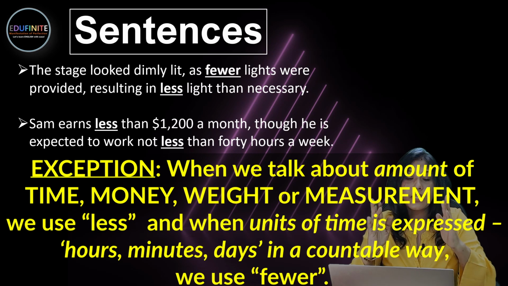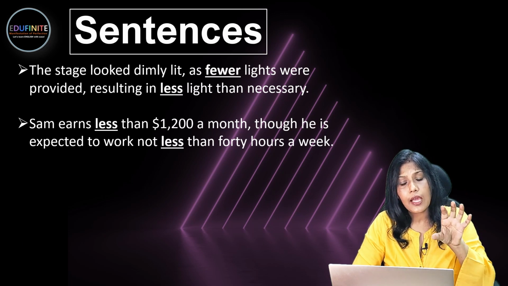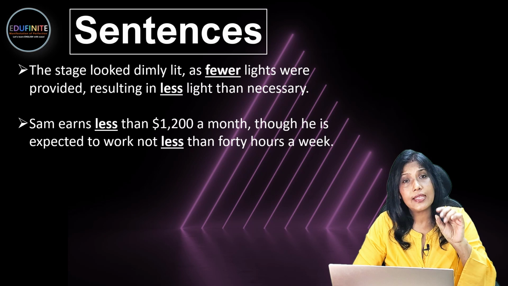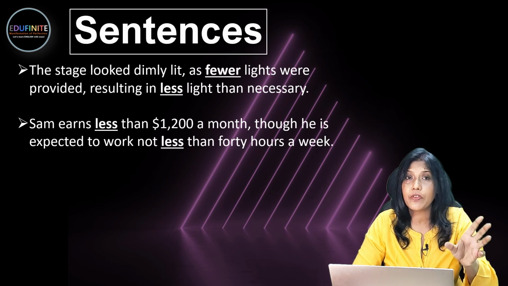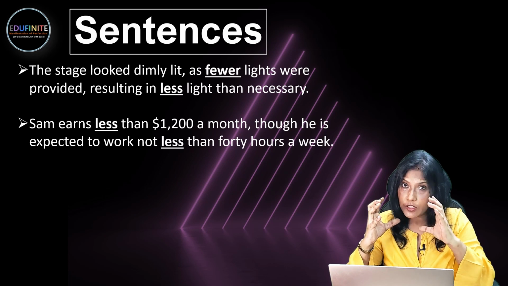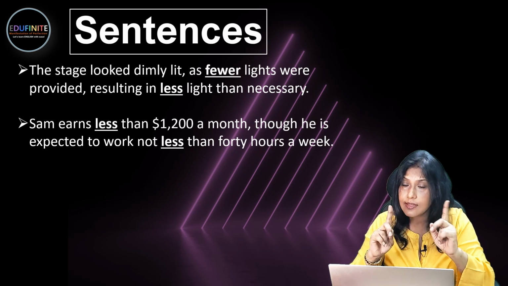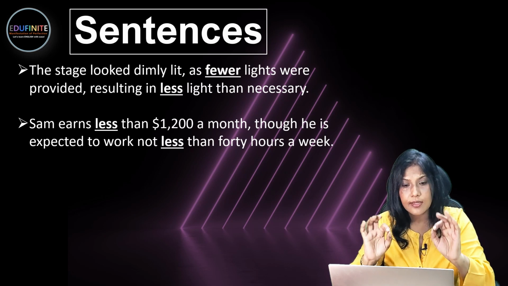So what we do is we use less before it and not fewer. Fewer is only used with the units of time. Over here, 40 hours, though this seems numerical, is considered as a compact unit. So we don't say fewer than 40 hours, we say less than 40 hours a week. So this is the exception.